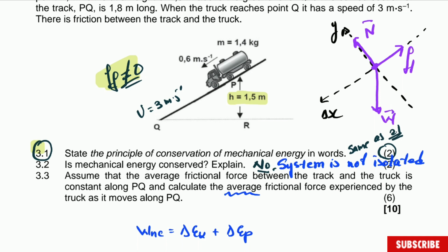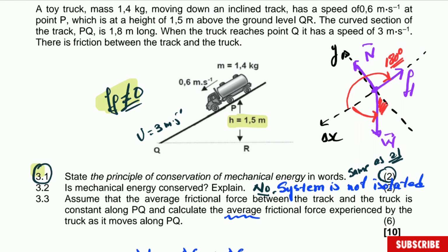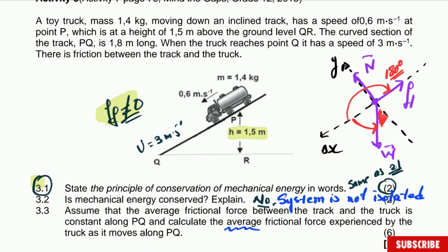Now here, the angle between the friction and the displacement is going to be 180 degrees as usual, we know that, and the angle between the displacement and weight is this one here. You don't need it for the law of conservation of energy, but I'm helping you in case you are doing the other method. This one here is the angle of inclination.